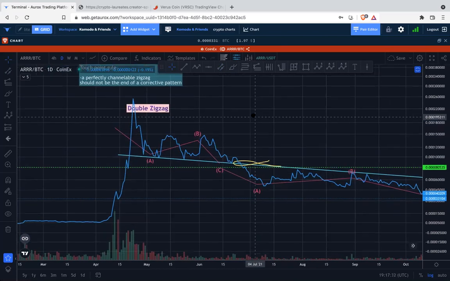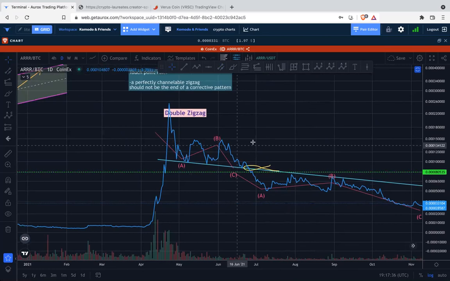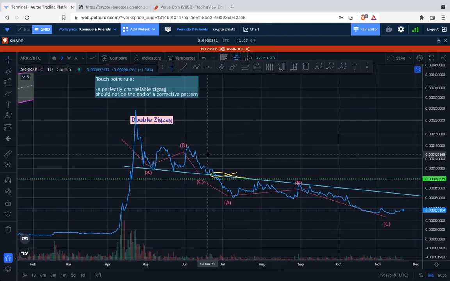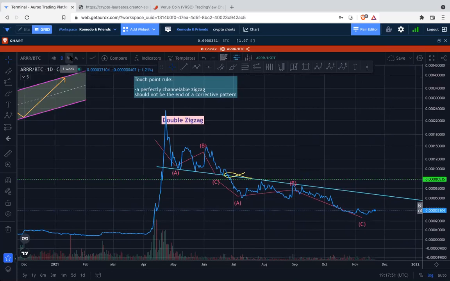So on different levels, they equal different things. However, I bet somehow this allows it to be the C wave of this move, and it becomes an impulsive move, again, when we take it to a higher level.